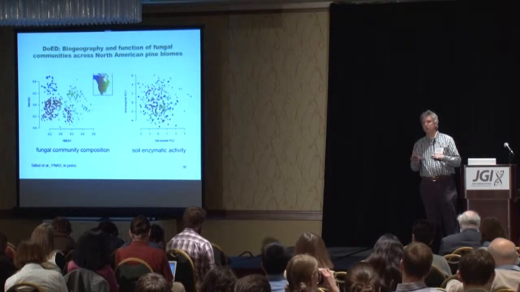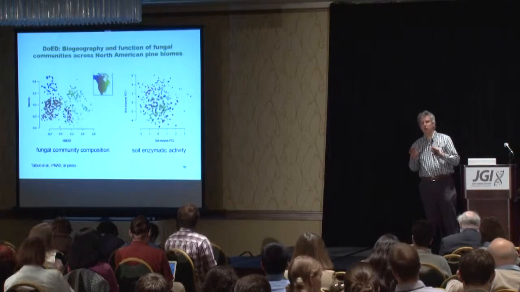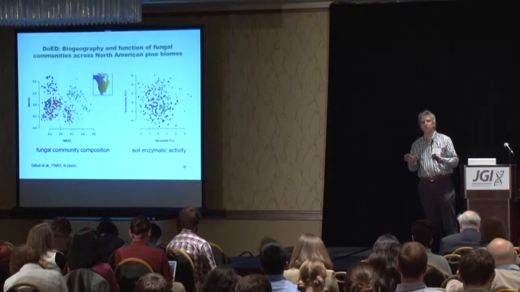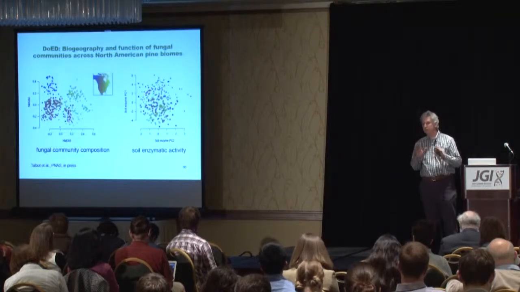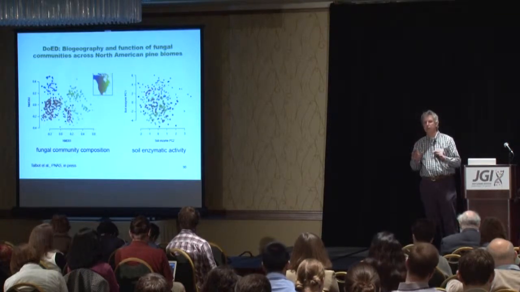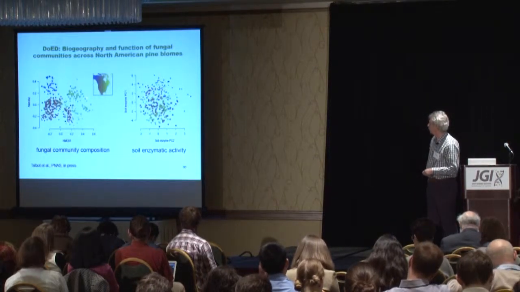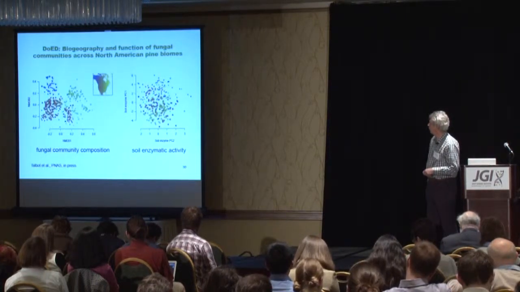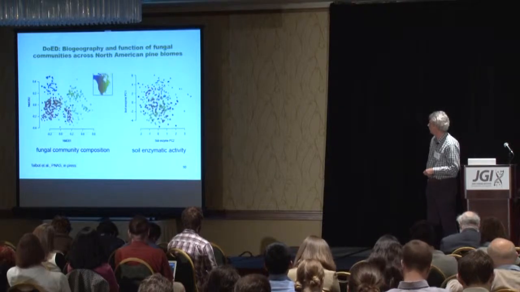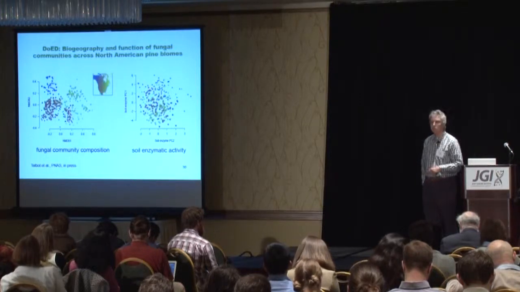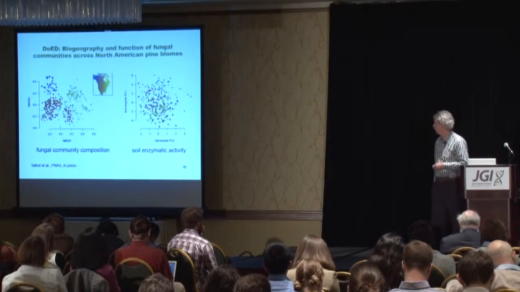So I think it's quite clear now that we have discussions in microbiology about biogeography and dispersal limitation and so forth. It looks like fungi clearly have dispersal limitation. So fungi from the eastern part of North America, those communities are distinct from communities on the west coast and also distinct from communities in Alaska, for example.